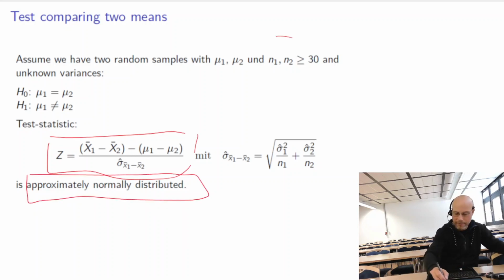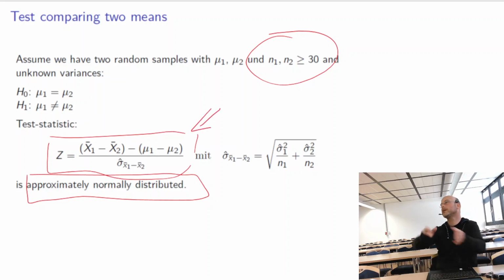And again, if my sample size is large enough, then I also assume that this new test statistic is normally distributed, and then I compare this test statistic with some critical value. Okay, so this we will do next week, and we close this lecture.